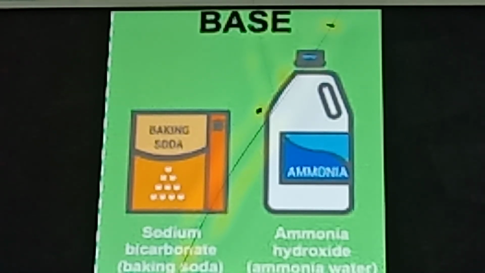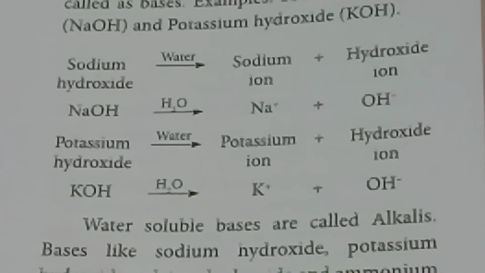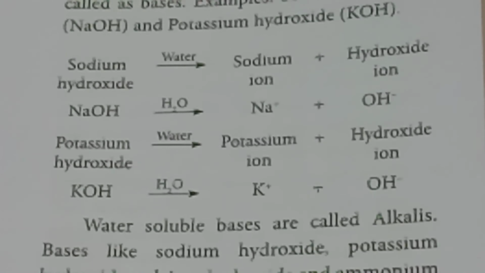Thus, the chemical substances that release hydroxide ions when dissolved in water are called bases. Examples are sodium hydroxide, NaOH, and potassium hydroxide, KOH. Sodium hydroxide with water gives sodium ion and hydroxide ion: NaOH gives Na plus and OH minus.